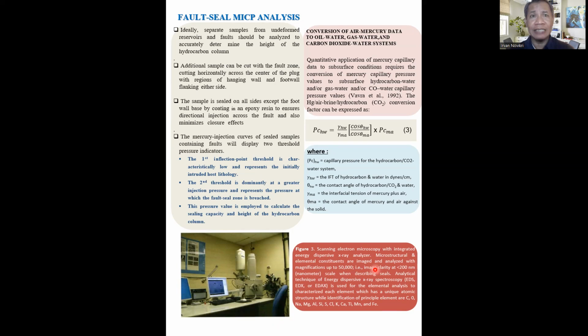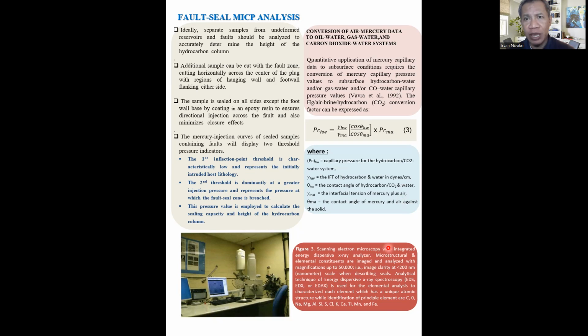To apply this MICP data to subsurface conditions, the conversion of MICP values to hydrocarbon-water, gas-water, or CO2-water capillary pressure is necessary. And this conversion factor is expressed in an equation, I think written as equation number 3.